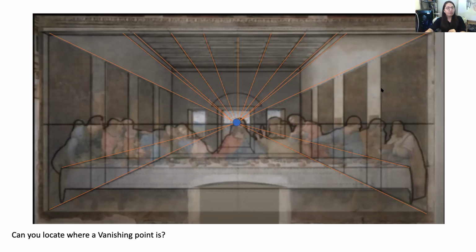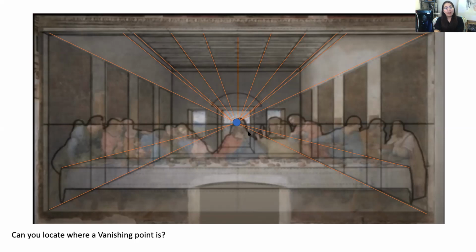These are examples of orthogonal lines. Now, we talked about how it all recedes to one point, and that one point is called the vanishing point, which is a second element that makes successful linear perspective. So if you look at the Last Supper painting from Leonardo da Vinci, we notice that all orthogonal lines recede to that one vanishing point, in this case on Jesus Christ's right eye.